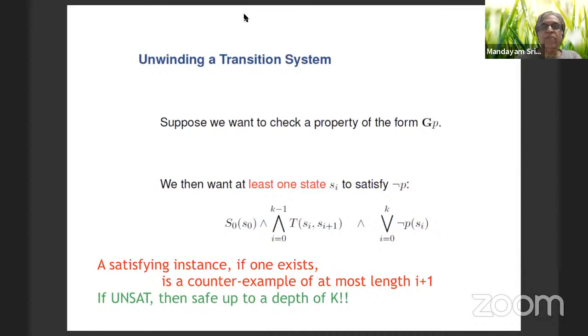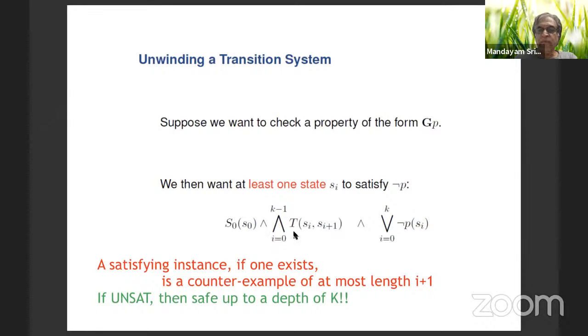Yeah, so, unwinding a transition system. This is something you've already seen. If you want to check a property of the form G of P, where P is a predicate, I'm illustrating this for invariant properties, that you want to show that a predicate on a state is invariantly true on all paths. You start from the initial state and construct this formula.